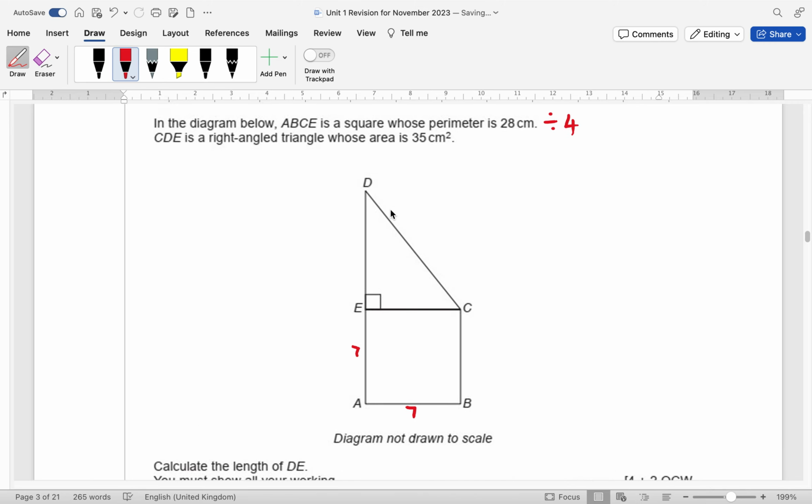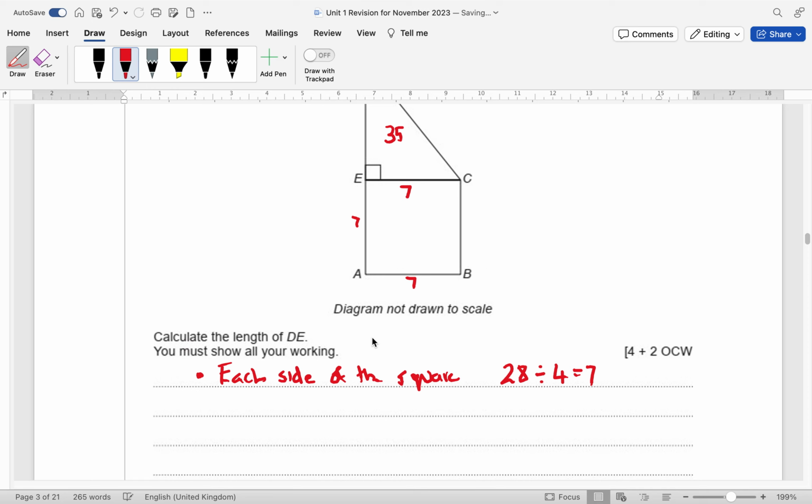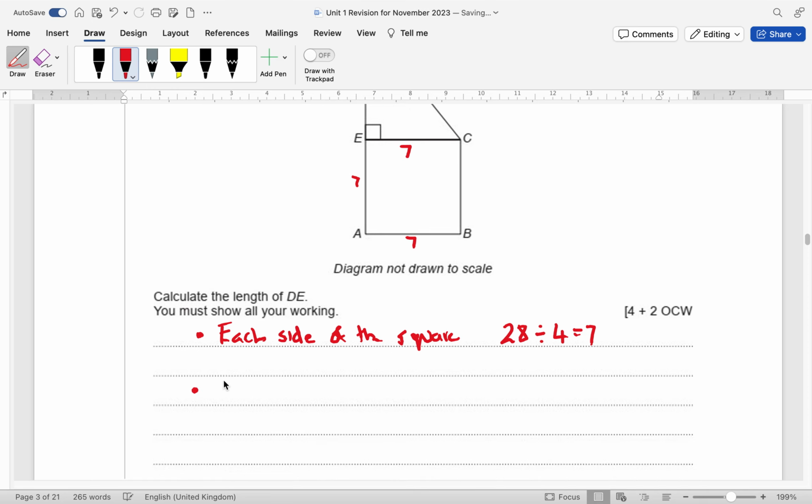I'm asked for the length DE, but I'm told the area of this is 35. Well, we now know the base is 7. So the length of DE is, and the sum I'm going to do is base times height divided by 2.